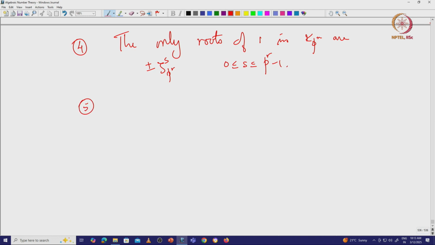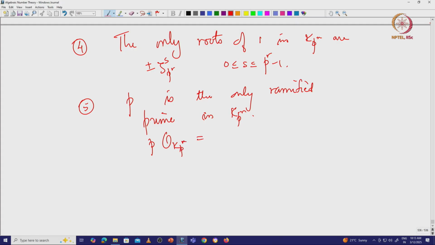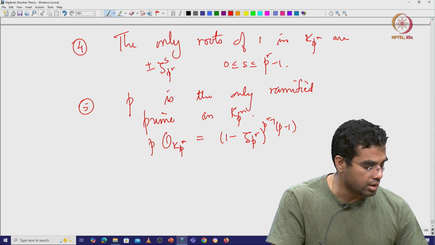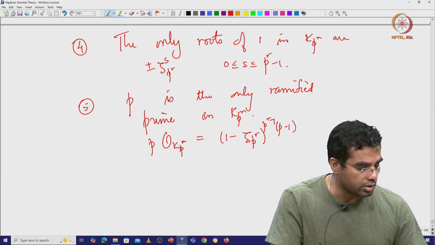And 5 was: p is the only ramified prime in K_{p^r}, and the ideal (p) is in fact (1 minus zeta p^r) to the power p^(r-1)(p-1). So, p is not only ramified, it is totally ramified.